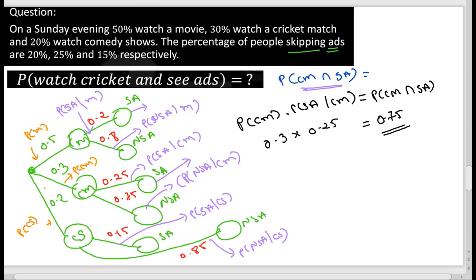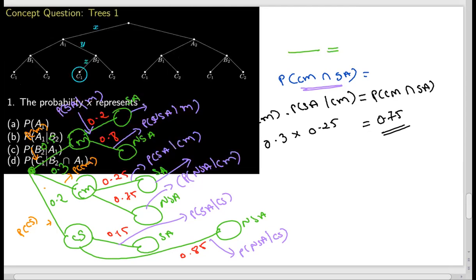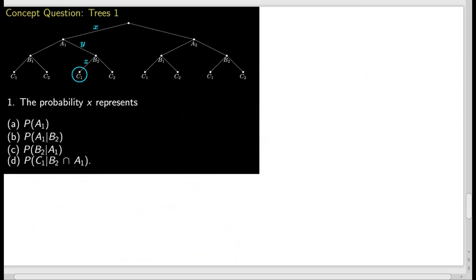Okay. Now let's do a quick revision. So what does x represent? What is the value that x represents, y represents, z represents, and C1 represents? Okay, you can comment down your answer here and just check whether you got the same answer.